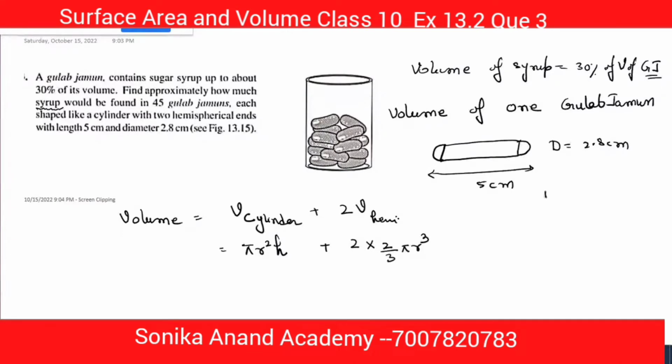Now, the diameter is 2.8 centimeter. So, the radius is equal to 1.4 centimeter. Now, how will you find the height of the cylindrical portion?